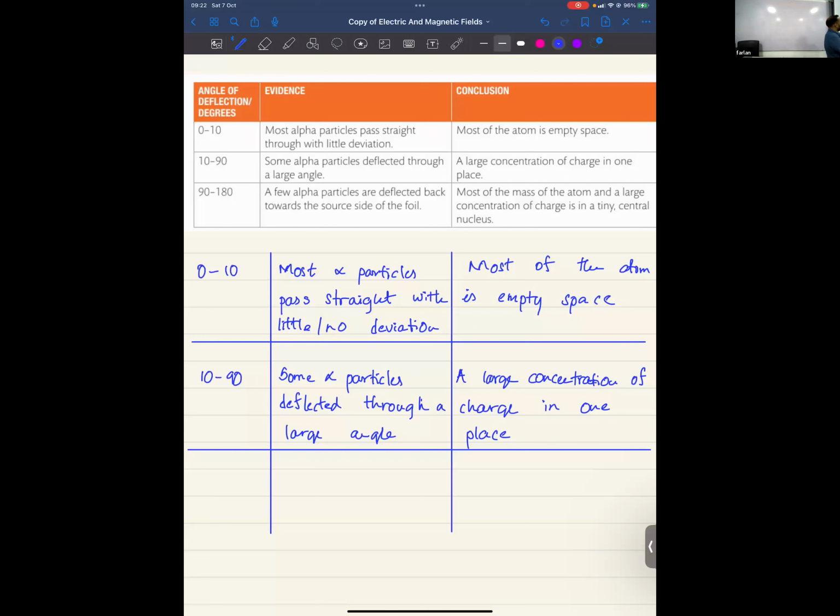And there's another evidence. What is that? Some alpha particles are deflected by an angle more than 90. What does that tell you?